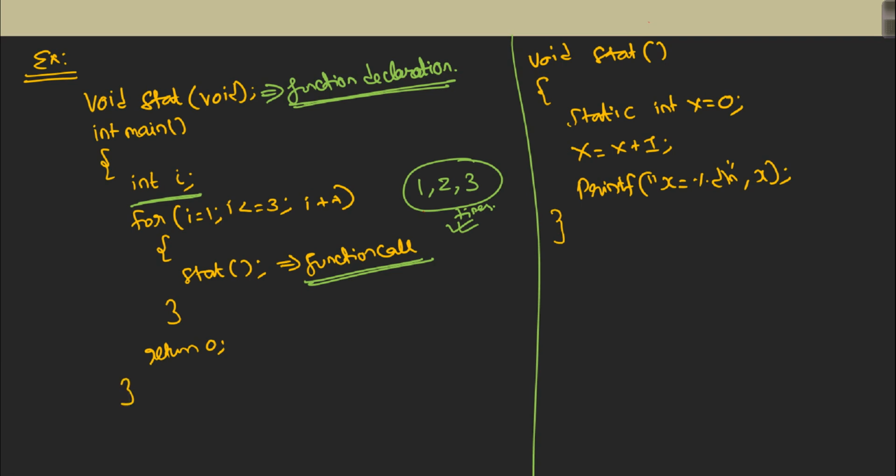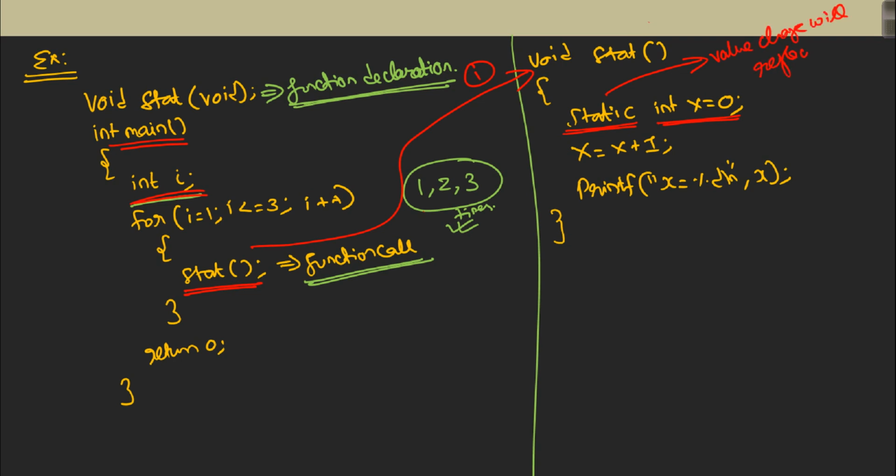Okay, so very simple idea. Listen to it carefully, you will easily understand it. So the control will see the main function, it will see the variable i, and then it will see the for loop. So it is going to call the function stat 3 times. So it is calling for the first time, and you are declaring a variable x with the value 0, and you are using the static keyword. So when I'm using the static keyword, value change will reflect.